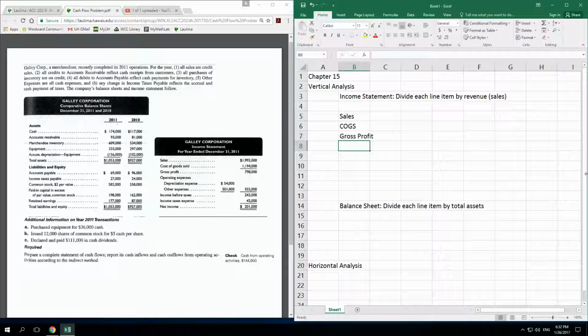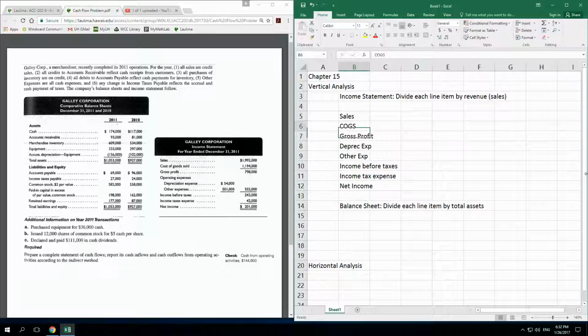I'm just summarizing it, right? And then we've got depreciation expense, other expenses, income before taxes, income tax expense, and net income.